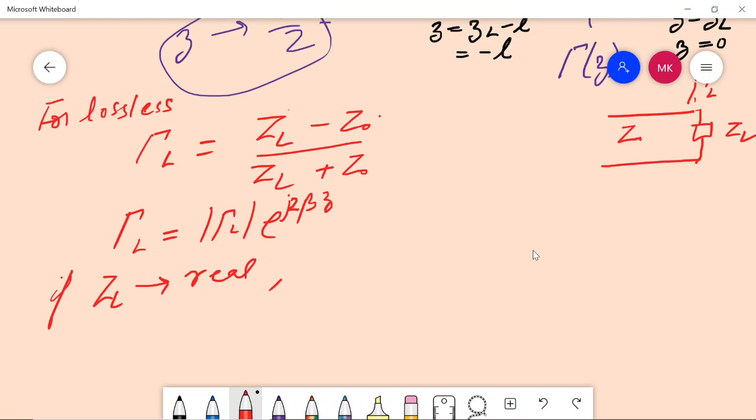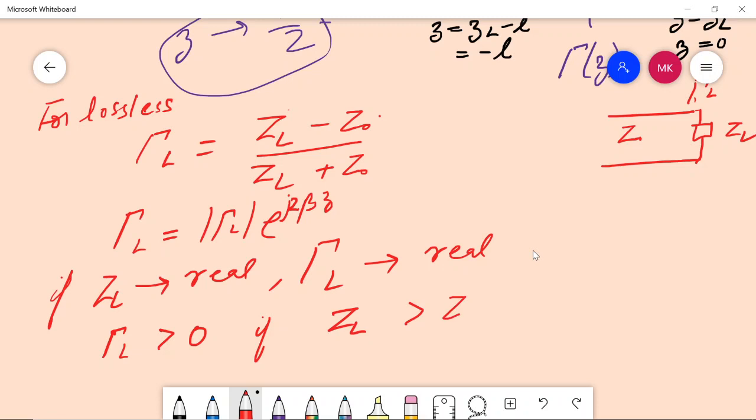So this may give you the real quantity. So now in this case you have two options. It will be real positive or real negative. If this value is more than Z naught, it will be positive. So gamma L will be real positive if ZL is greater than Z naught.